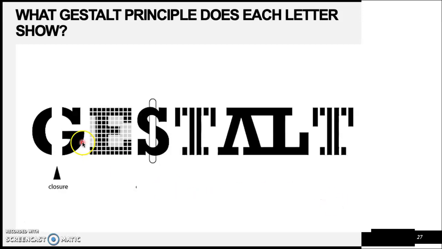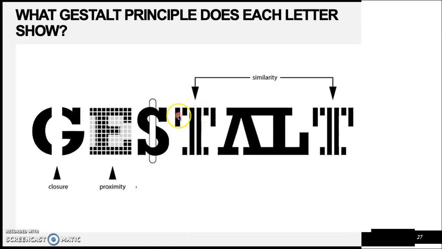So this first one is closure. Closing the gap here and closing the gap here to turn it into a G. Proximity, you're seeing all these little squares close together are forming the letter E. You could also say similarity there because there's a bit of colour.